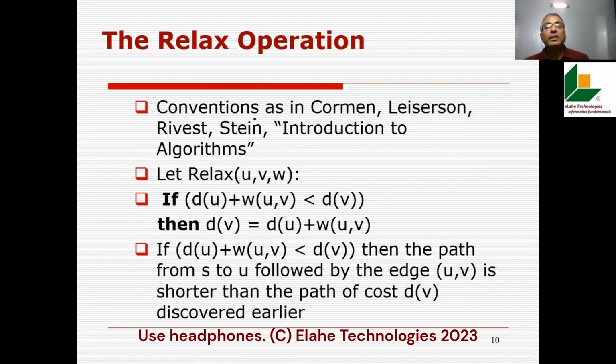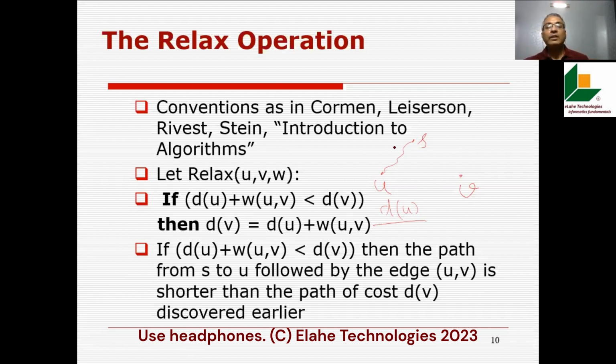Here I have a vertex U, and I have another vertex V. Here is my vertex S, from where I am trying to find the shortest path from S to all other nodes in the graph. So I have found some path from S to U at this point, and the cost of that path is du. The best known path, the shortest path from S to U found so far, is of cost du.